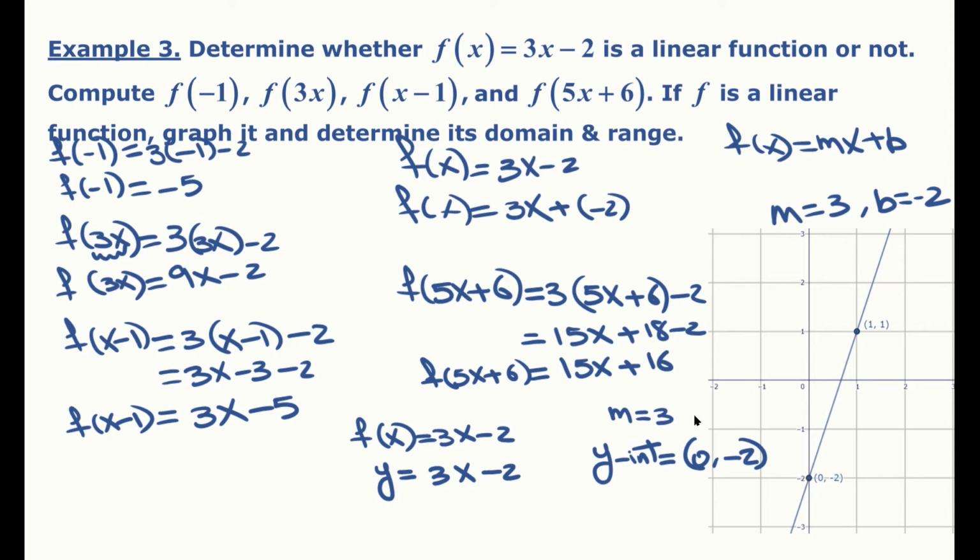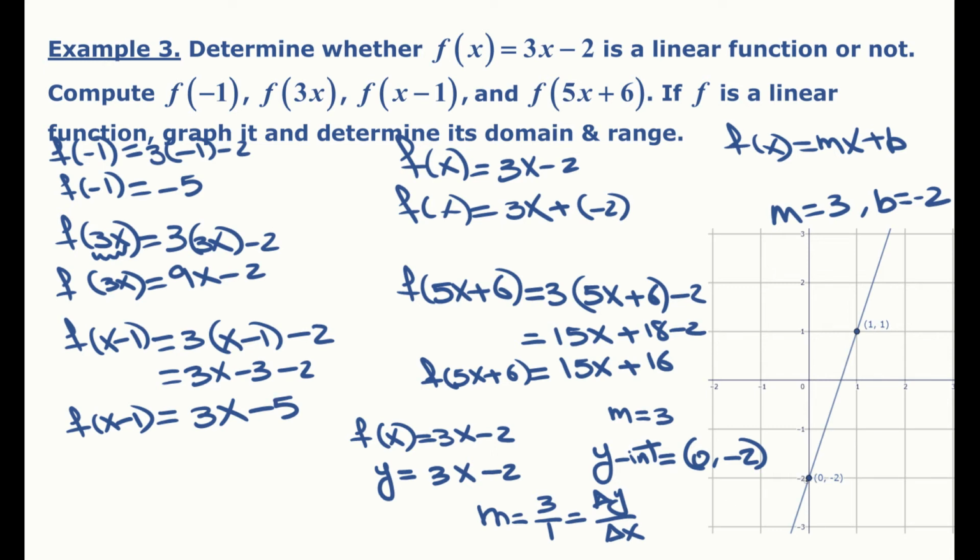And of course the slope will take care of that for us very easily, because the slope is 3, which can be written as 3 over 1. So the delta y is 3 and the delta x is 1. The change in y is 3, the change in x is 1.